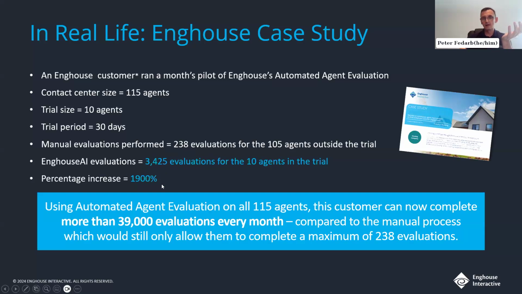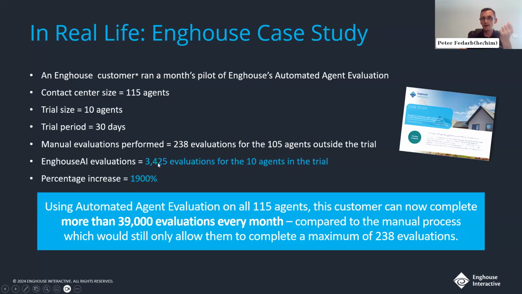So they actually got a 1,900% increase in evaluations, the amount of feedback that they're actually getting. So realistically, in turning the technology on, even for a small number of agents, you can see every conversation is getting feedback, as opposed to what they could manage with the time that they had across the supervisors. And it is a vast difference.